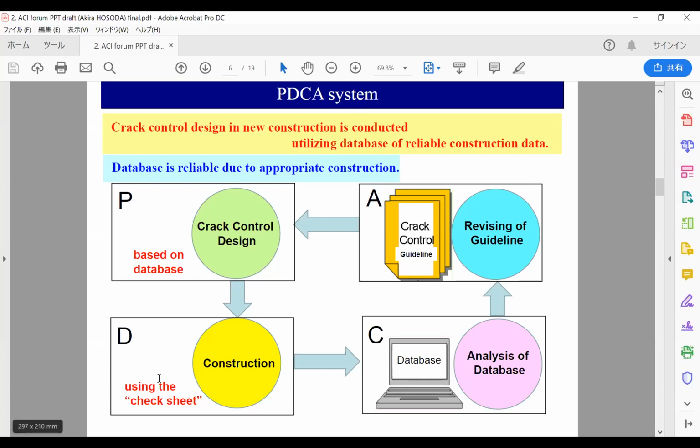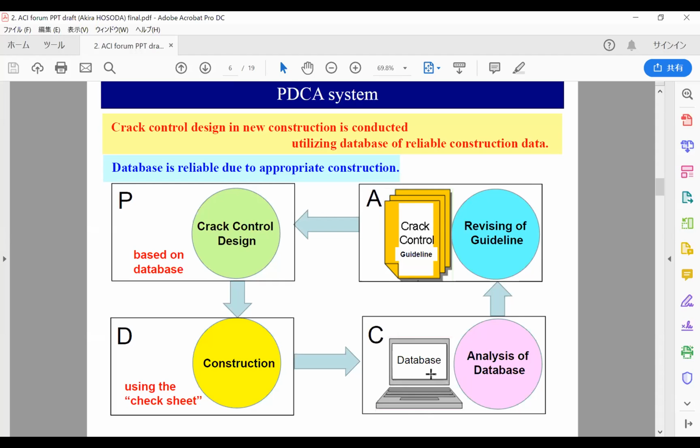So that's why in their system, utilizing check sheets, the quality of construction and the quality of concreting work was improved. Based on nice design and nice construction, they will observe the result, whether cracking happens or cracking was well controlled.